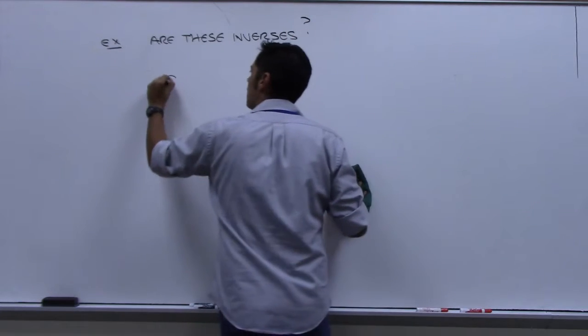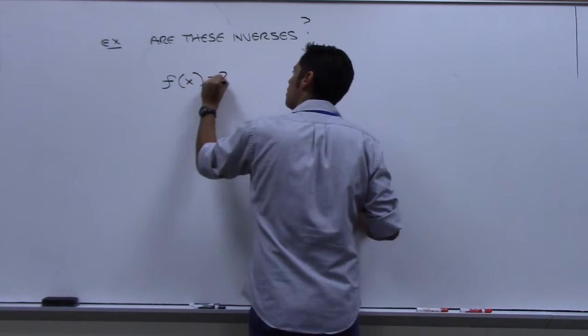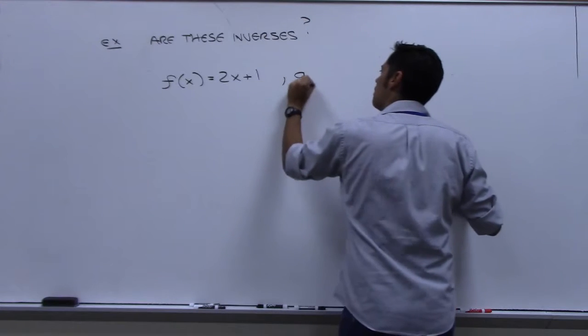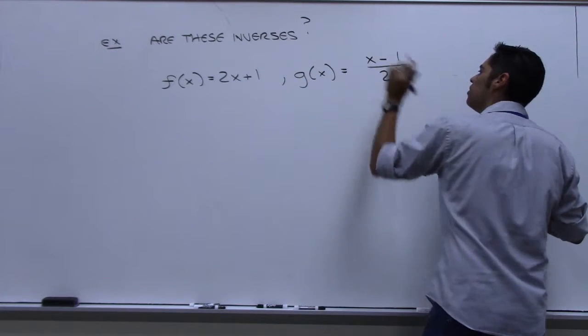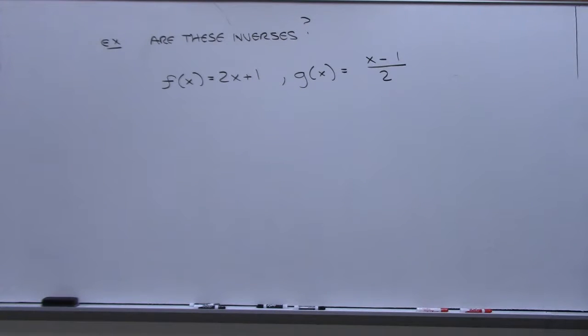I'm going to give you the function f of x equals 2x plus 1, and the other function g of x was x minus 1 over 2. Those were the two functions we had. I want to see if these are inverses. They look like they were, right?